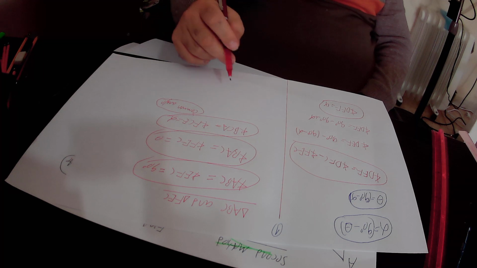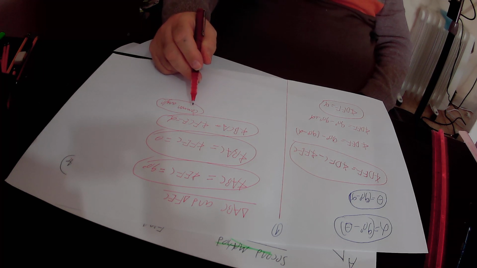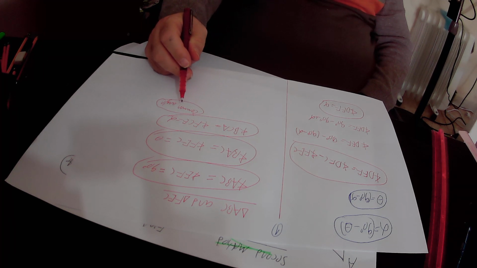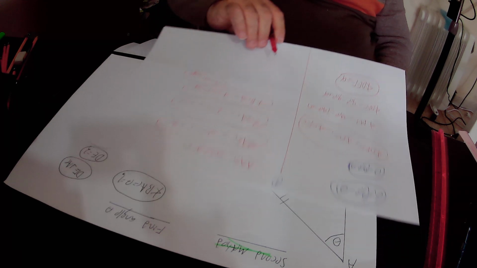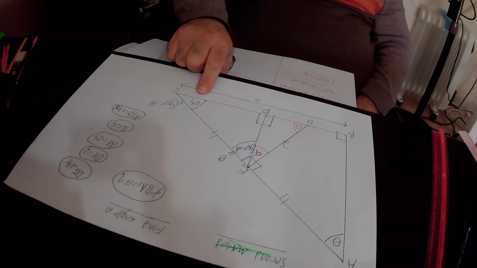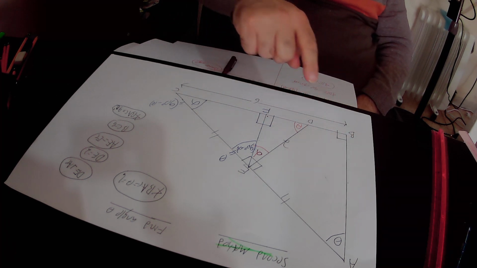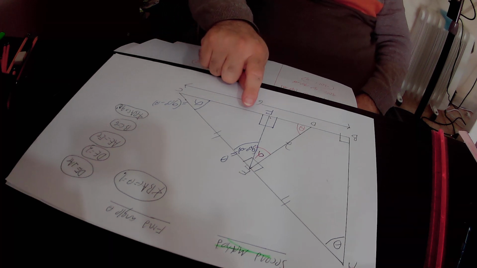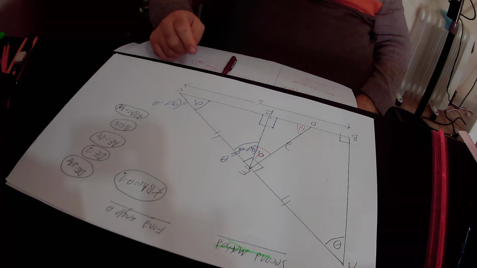I'll repeat again: angle BCA equals angle FCE equals alpha. It's a common angle that belongs to both triangles. It is very easy to see that this angle alpha belongs to triangle ABC, the big right triangle, and it also belongs to the small right triangle, triangle FEC.